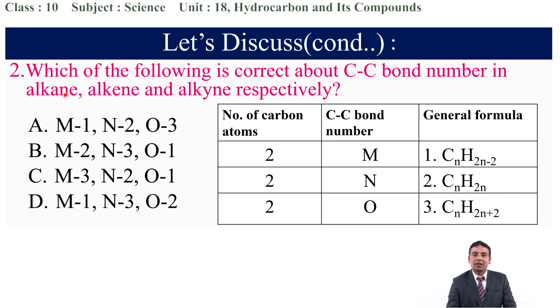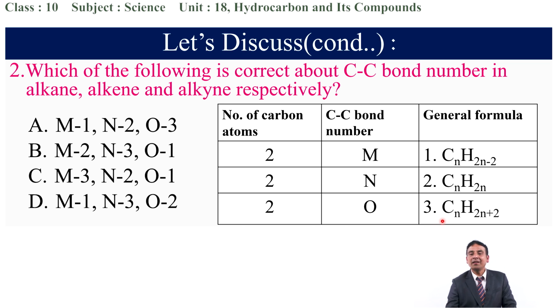Okay, next one. Which of the following is correct about the carbon and carbon bond number in alkane, alkene and alkyne respectively? M represents alkane, N represents alkene, and O represents alkyne. So you have to relate the second column with the third one. According to the question, M should be matched with the molecular formula of the alkane. What is the molecular formula of alkane?